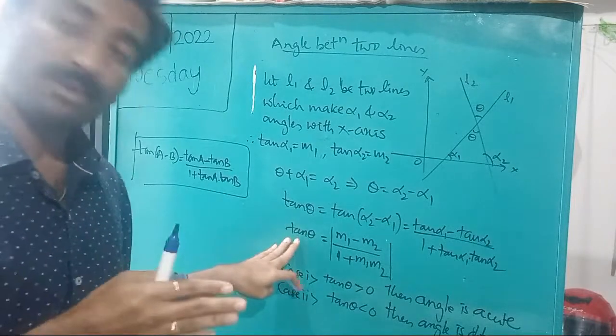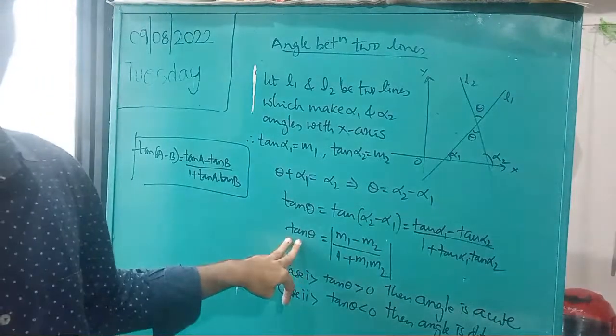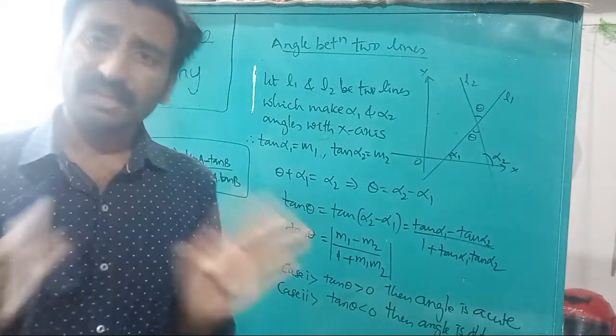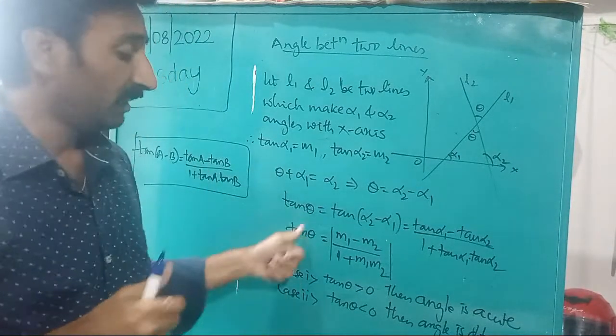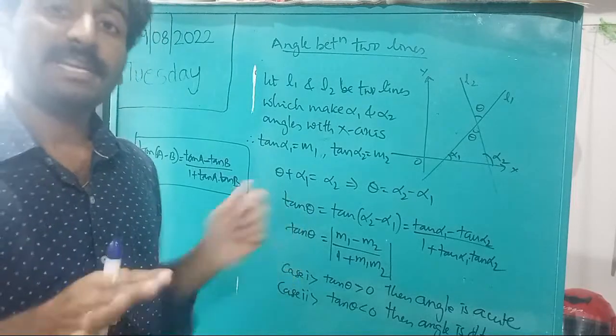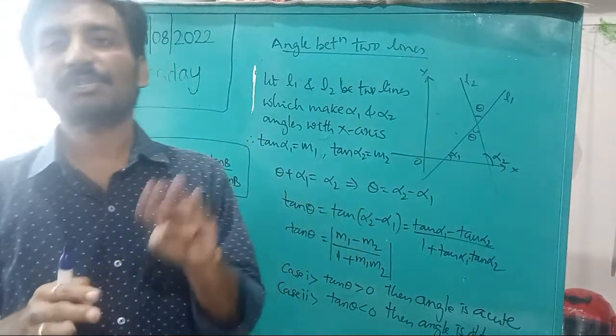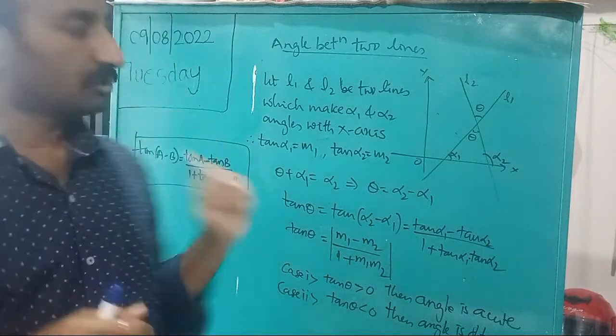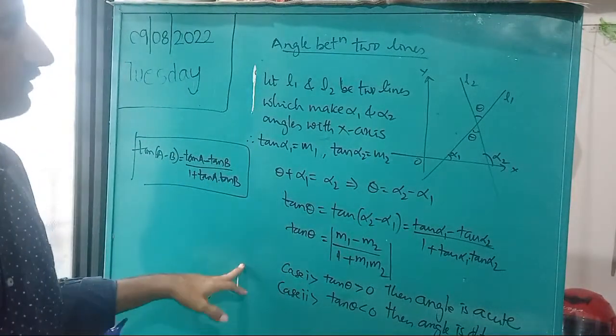When tan theta is positive, angle is acute. पॉजिटिव नेगेटिव दैट उतना ही आपको याद रखना होगा. केस 1 tan थीटा पॉजिटिव, केस 2 tan थीटा नेगेटिव. So this is what we have to remember. It's very simple.